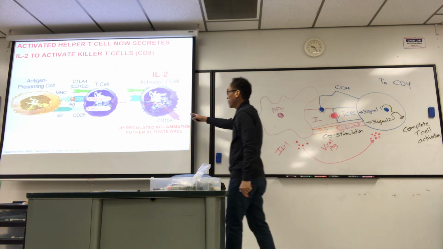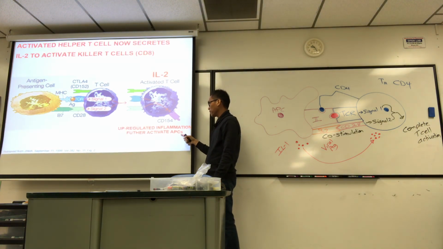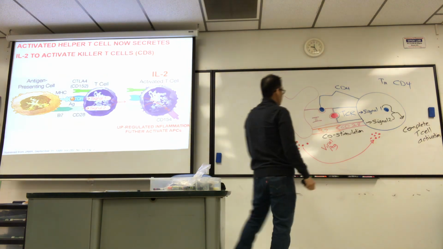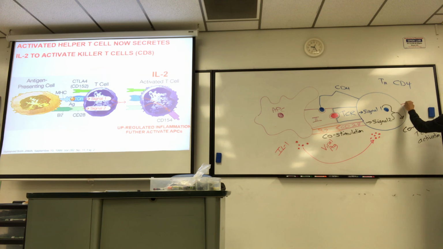For example, an activated one will upregulate inflammation and further activate other APCs. You start to see other cell differentiation markers like CD154. That's after it's activated.